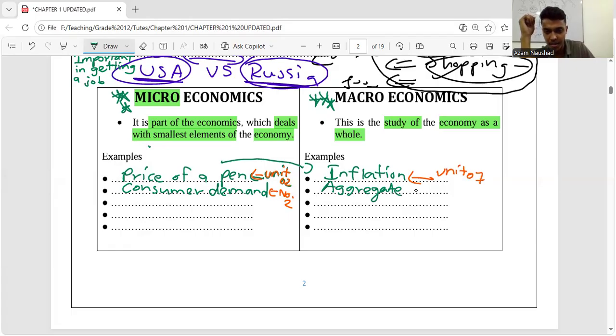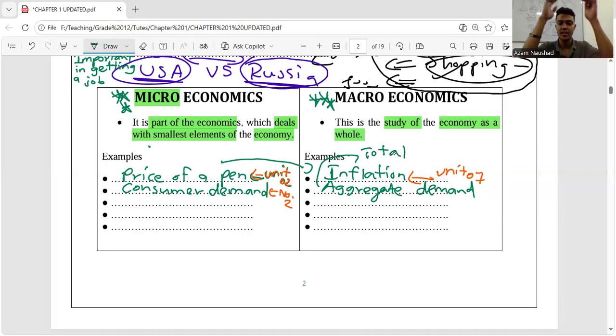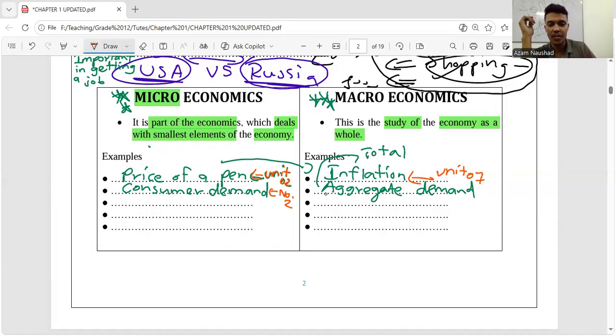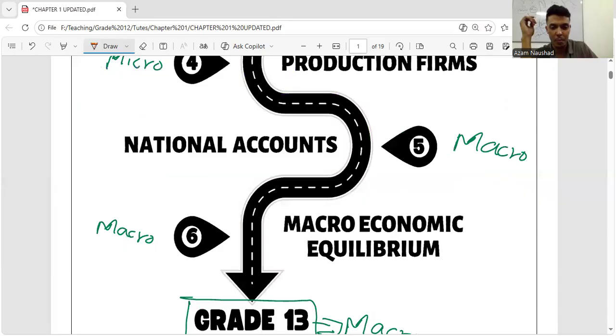Aggregate means simply the total. In economics, we use the term aggregate for total. Aggregate, the summation, the sum. So beside aggregate demand, write the unit number as 6. Unit number 6, macro. Right?